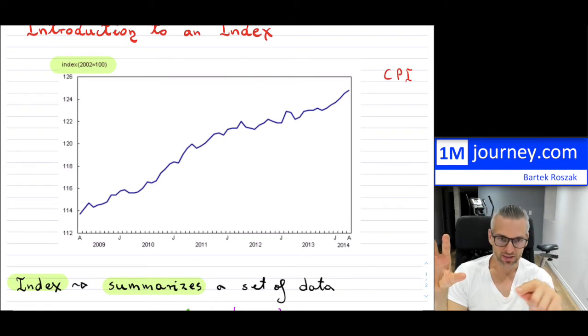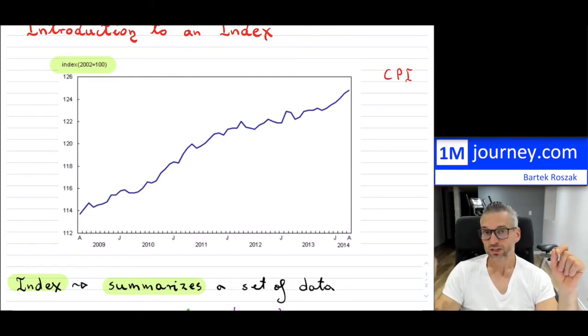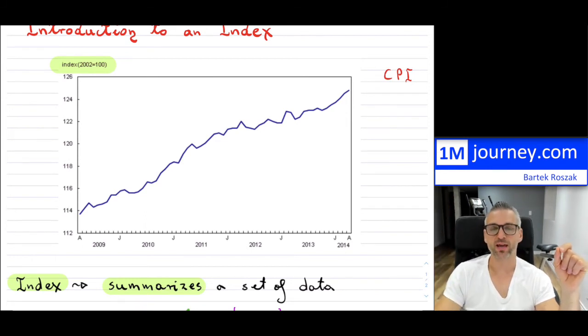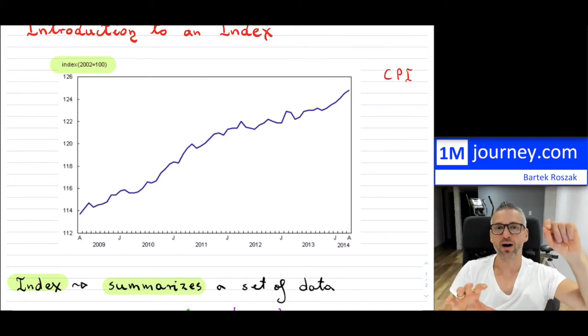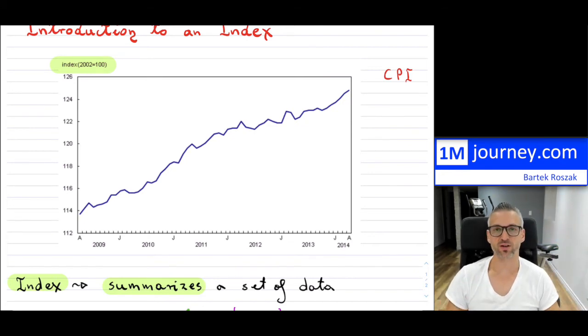As you can see over time here, as it keeps rising, it's about 125 or 126 there, about 2014, so it's a few years back. That is telling you that in 2002, for the basket of goods, you would pay $100. But in 2014, to buy the same thing, you would need to pay $125 or $126.